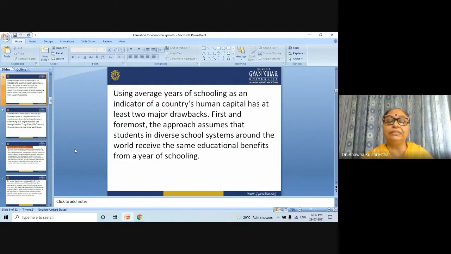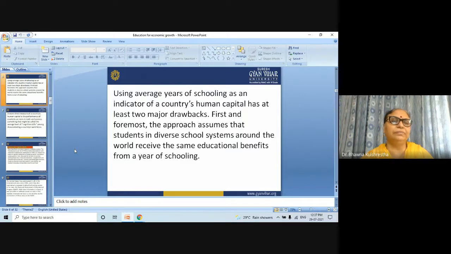And second, this measure does not account for learning that takes place outside the classroom, within families, among peers, or via the internet.